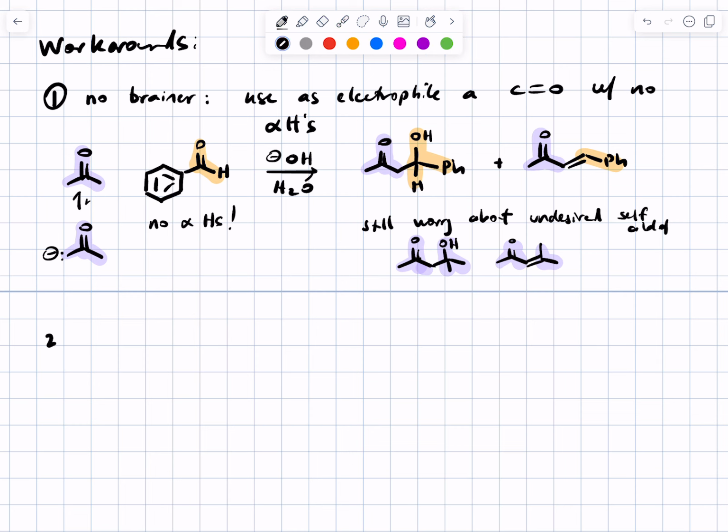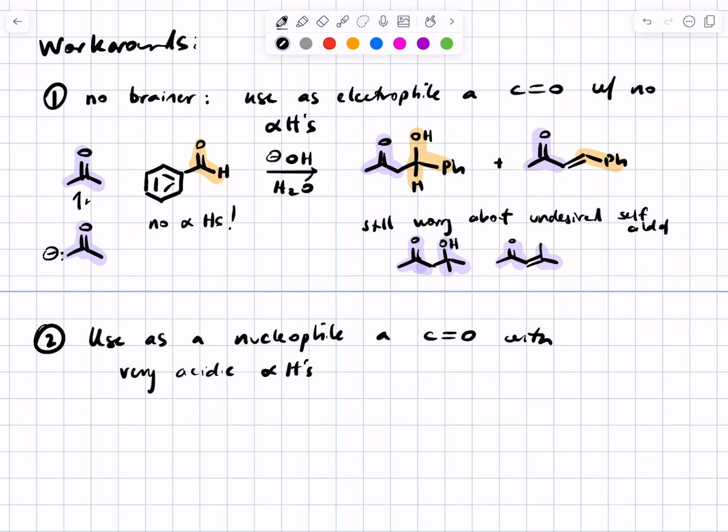Okay, a second slightly less no-brainer option is to use as a nucleophile a carbonyl compound with very acidic alpha protons, so there's no question as to which enolate you form.